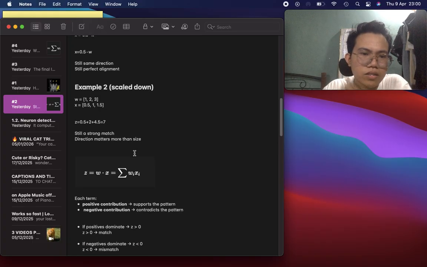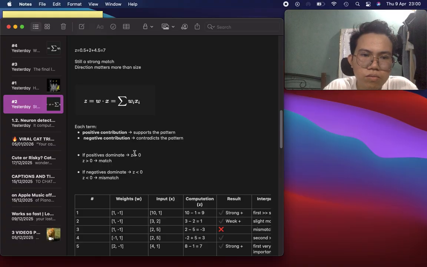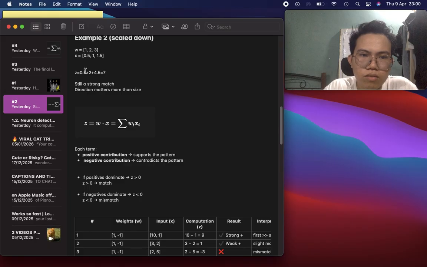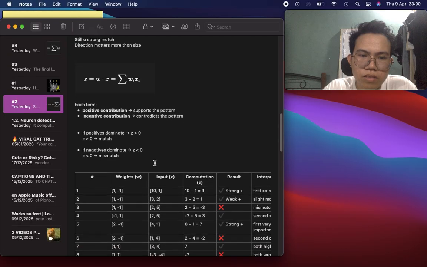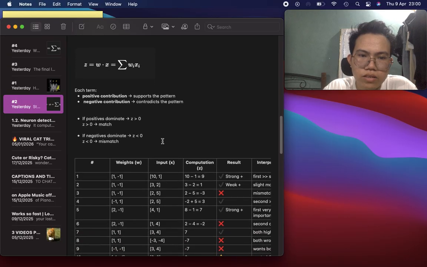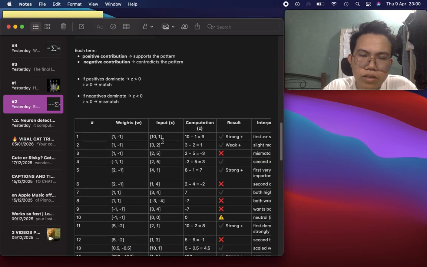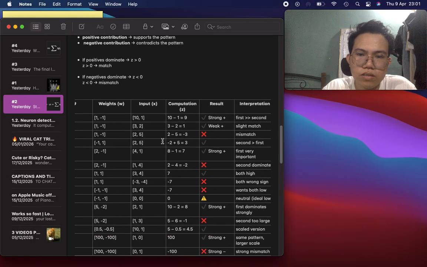So this is still a strong match. That's why we use the summation here. Each of those features or patterns adds up to the final result. Positive contributions support a pattern, and negative contributions contradict the pattern. If positive dominates, then z is greater than zero, and if z is greater than zero, that's a good match. If negative dominates, z is less than zero, which means mismatch.